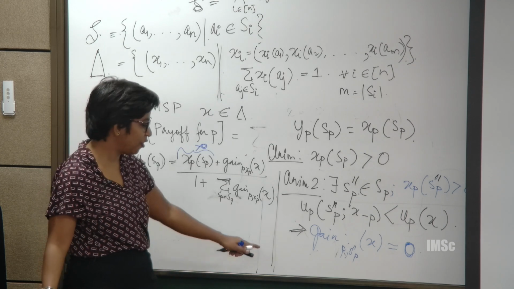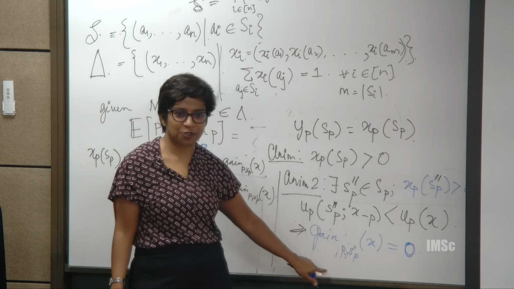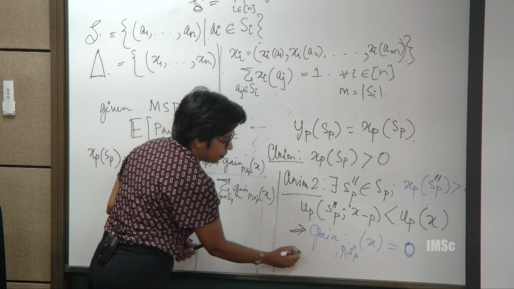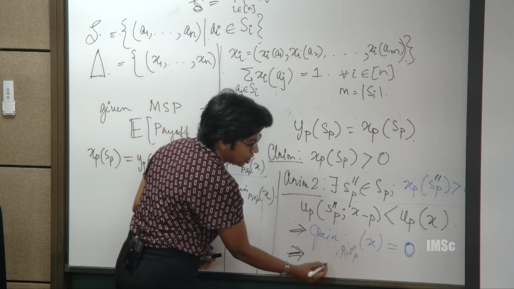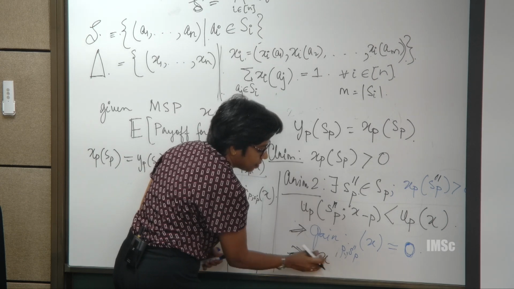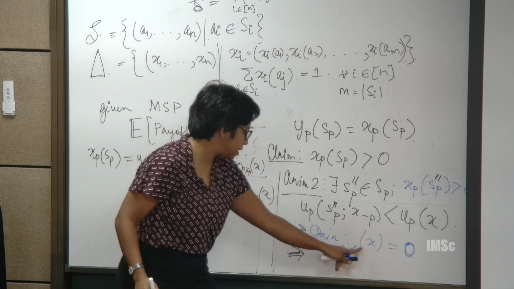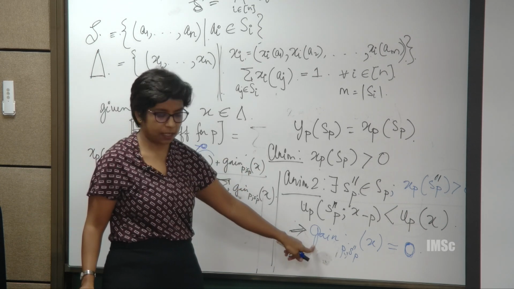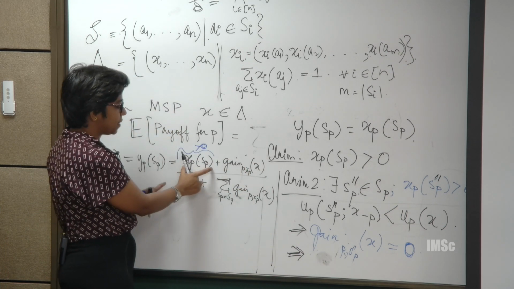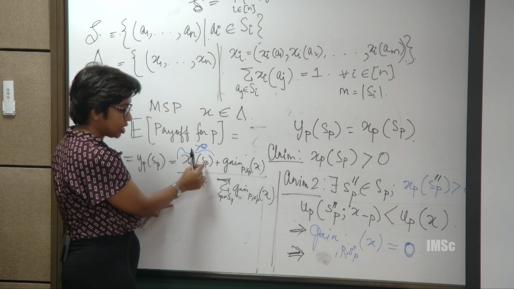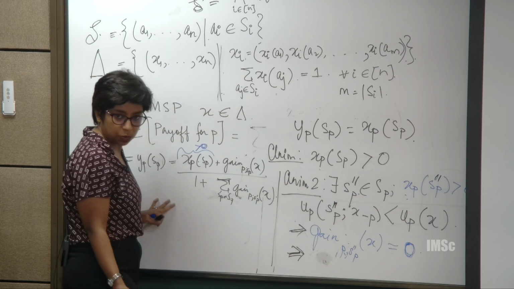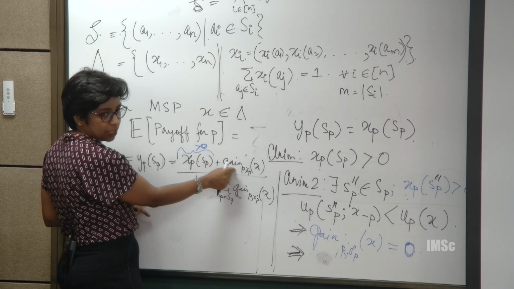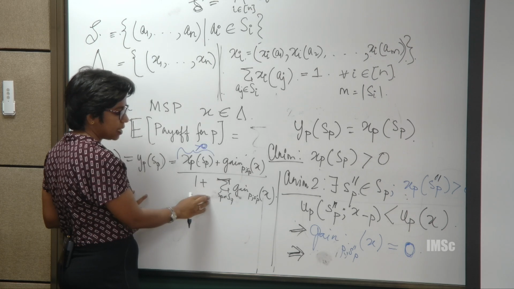Okay, so now, what went wrong? Then x must not be a fixed point. Why? If there is even one action for which this holds, then if I substitute this quantity here, it becomes 0 as we have said. You have something x_p s double prime p which is greater than 0 by this property, plus a 0 quantity, divided by 1 plus the summation.